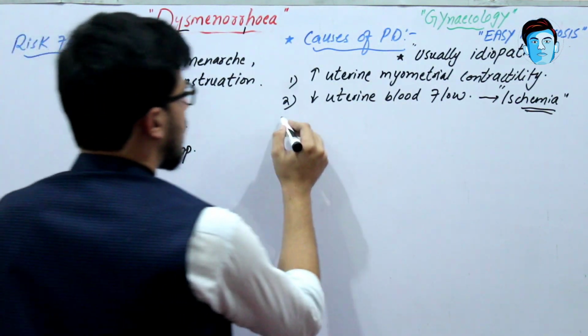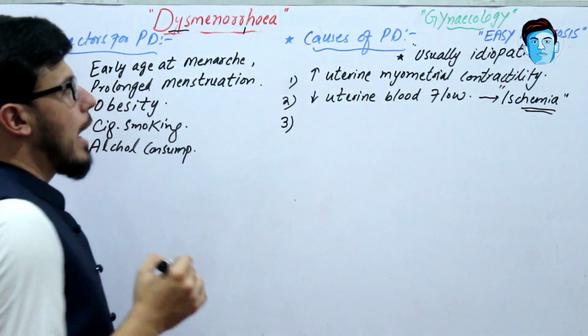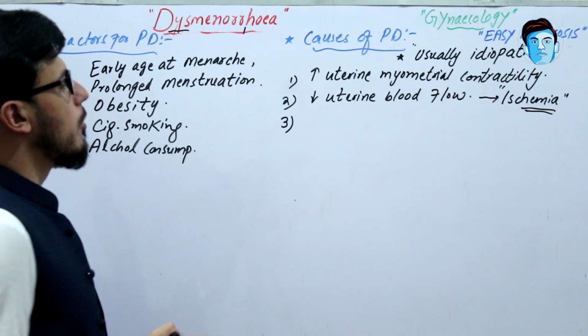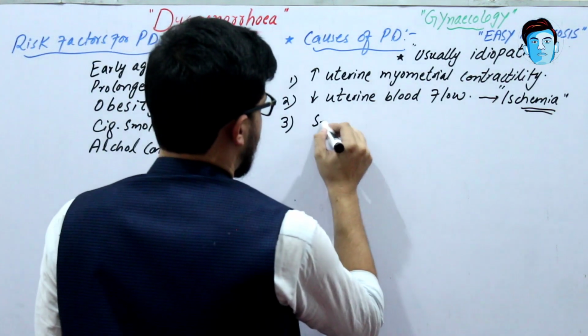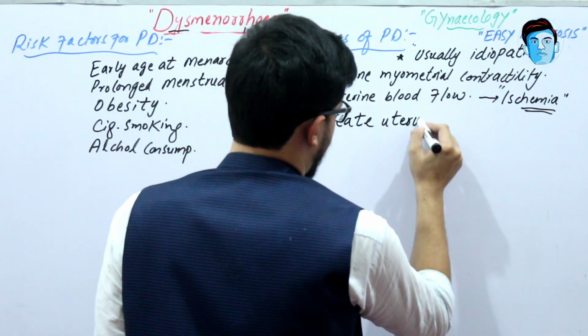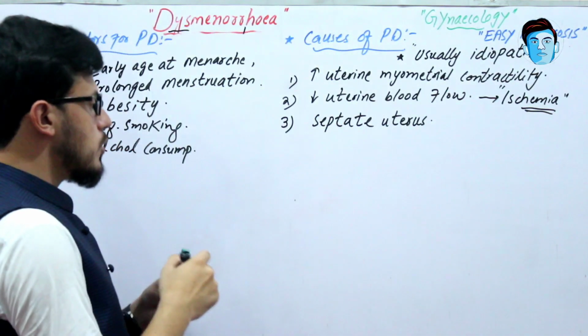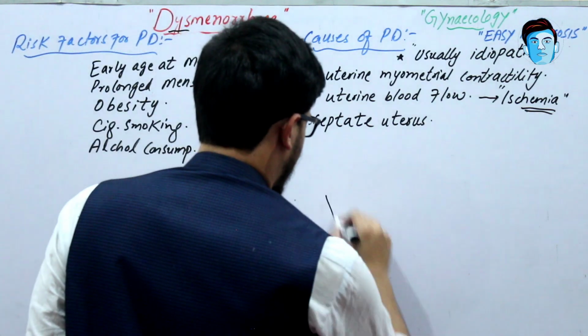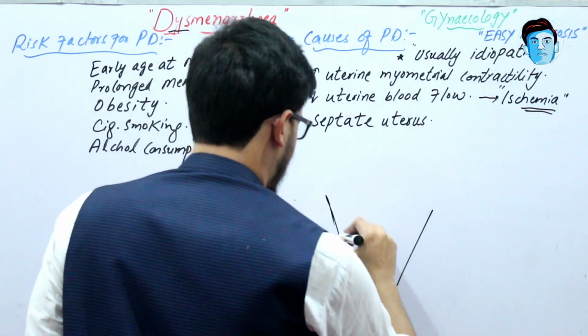Now the third reported cause for primary dysmenorrhea is septate uterus. As you know, let's suppose this is a uterus.